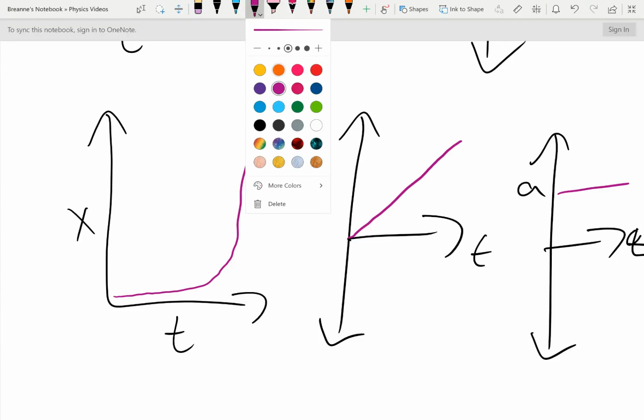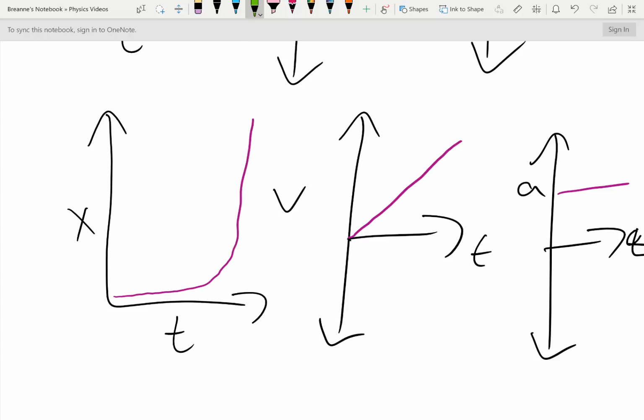Now the next one says a person that's accelerating southward. Again, you want to start out horizontal and get vertical. It shows that you're speeding up, but you're starting up here so you can head south. So slowing down to speeding up, like going slow, speeding up, horizontal to vertical. And that is a negative slope.